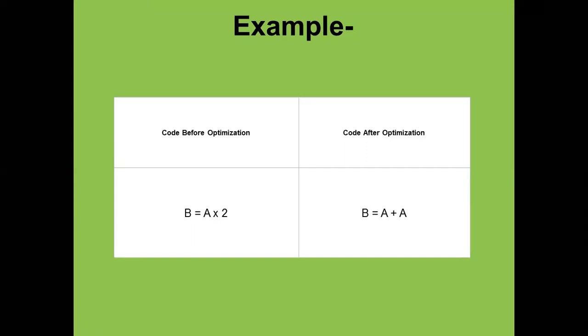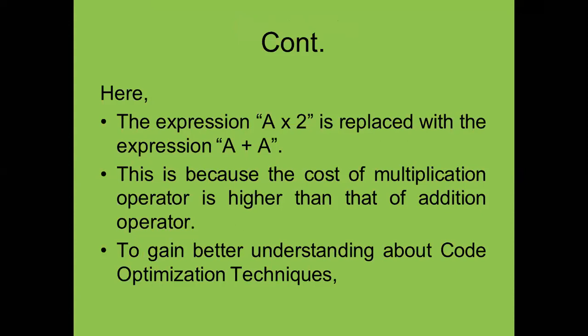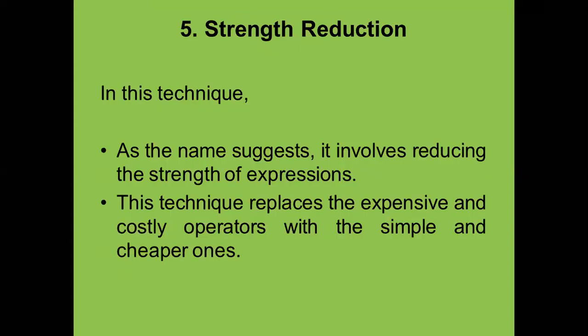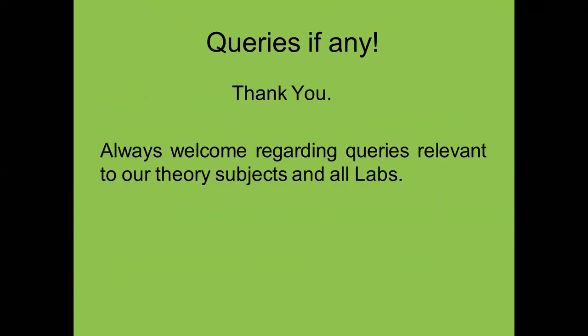So ultimately we enhance the speed of the compiler. Here you can see the expression a into 2 is replaced with a plus a. So the cost of the multiplication operator is higher than the addition operator. To gain better understanding about code optimization techniques, we use the strength reduction operation.